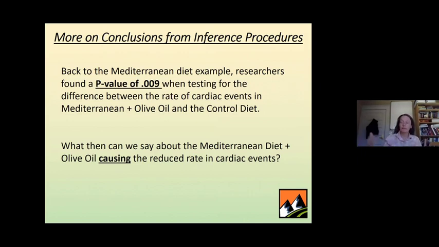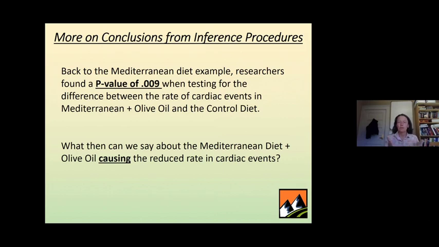With such a small p-value, we can say that there's likely a significant difference in cardiac events for the Mediterranean diet versus the control diet, and that the Mediterranean diet is causing the difference. Because it was a randomized controlled experiment, there are likely not any confounding variables.